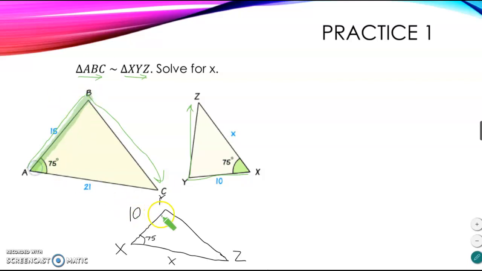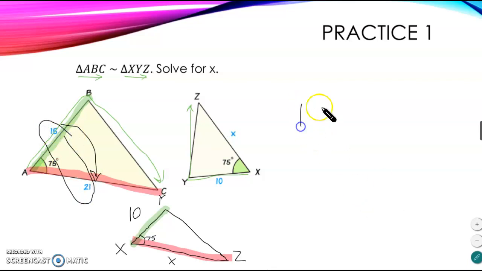So I have AB corresponding with XY and AC corresponding with XZ. And I'm going to use that to set up my proportion. So I'll just do 15 over 21 since that's how they are labeled, 15 over 21. And that is going to be equal to 10 over x.